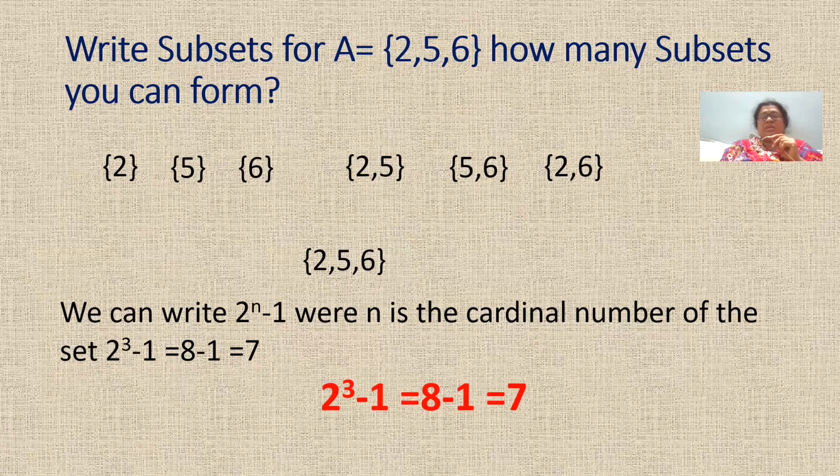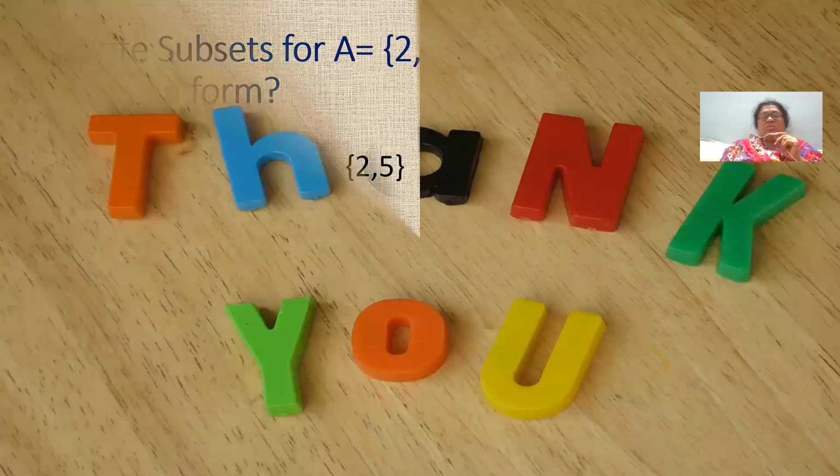So without writing the subsets also, we can find out the number of subsets which can be written from a set. This is for clarification and verification also. You can use this formula. This formula is not there in the textbook, so you have to remember it. And this is all about sets.